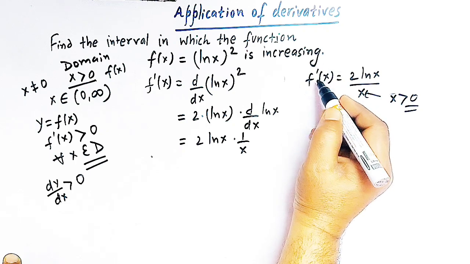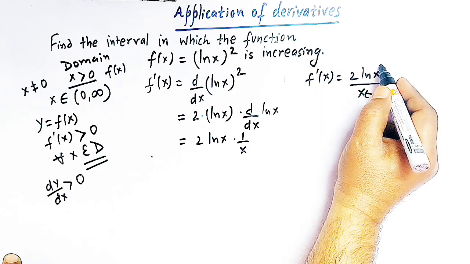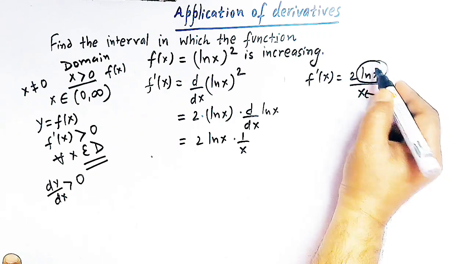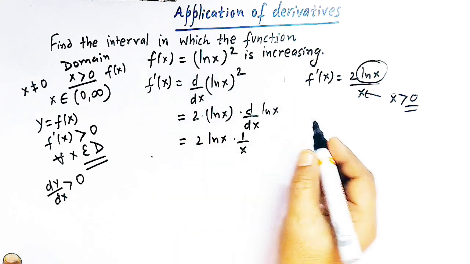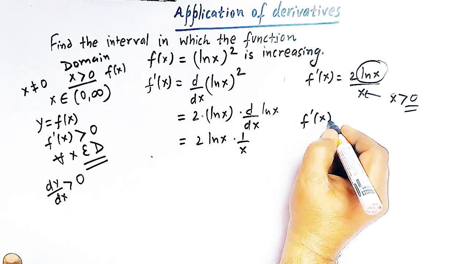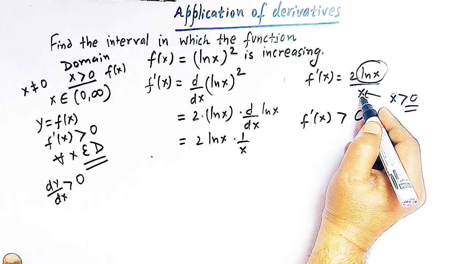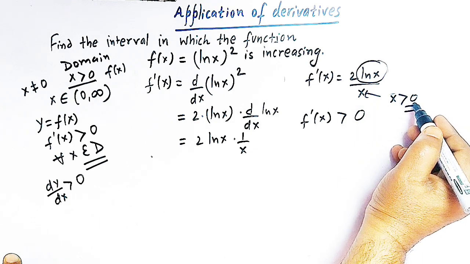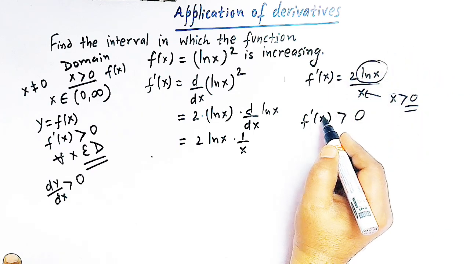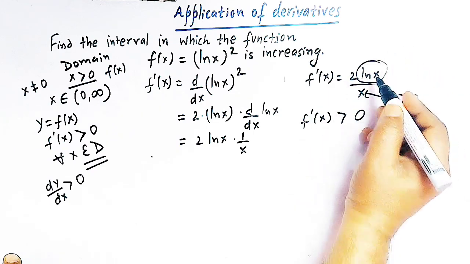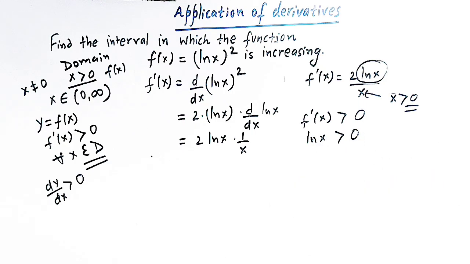So the sign of the derivative, that is f prime of x, depends on the sign of natural log of x. This function is said to be increasing if f prime of x is greater than 0. Now here x is already greater than 0, and we have 2 which is positive. So f prime of x is greater than 0 if natural log of x is greater than 0.